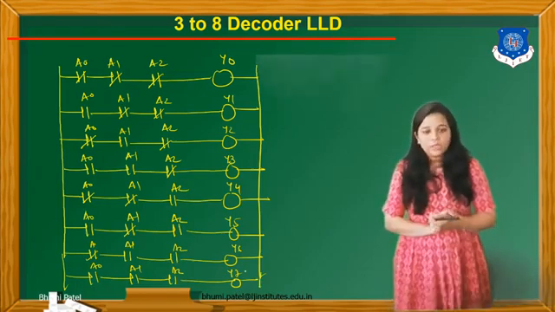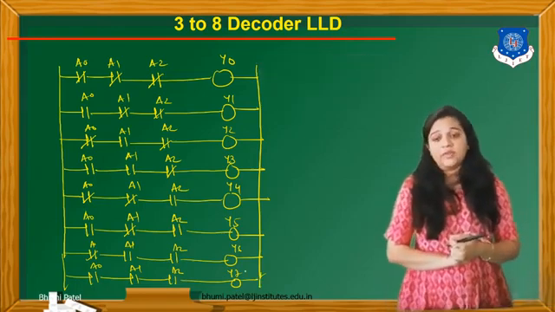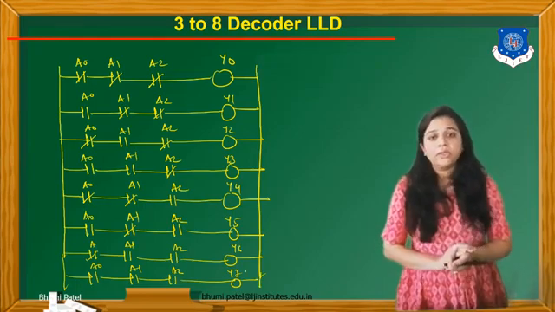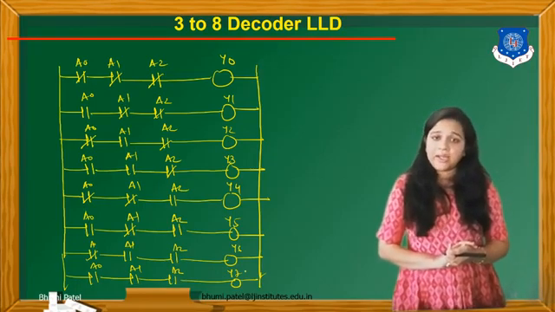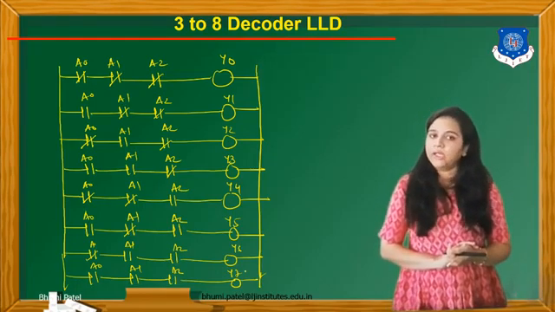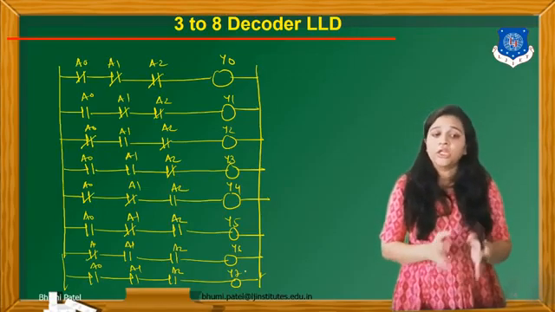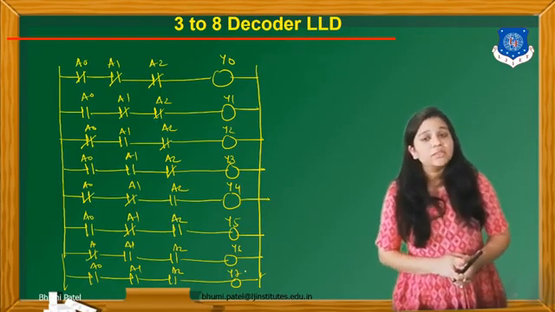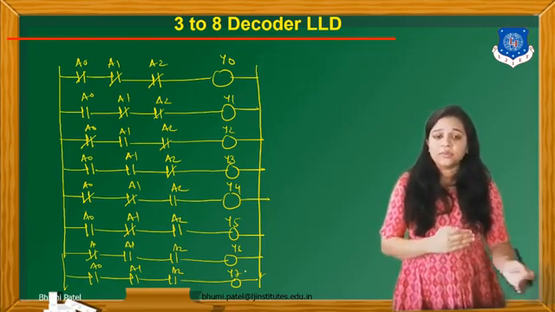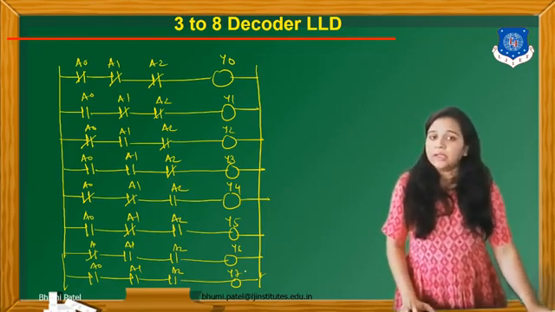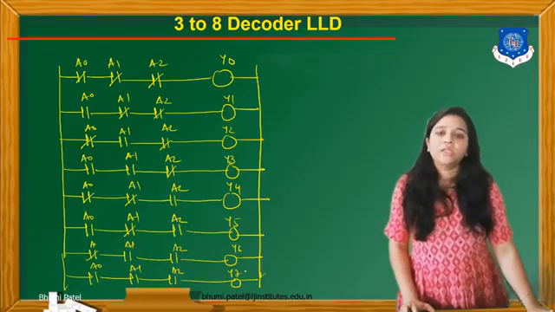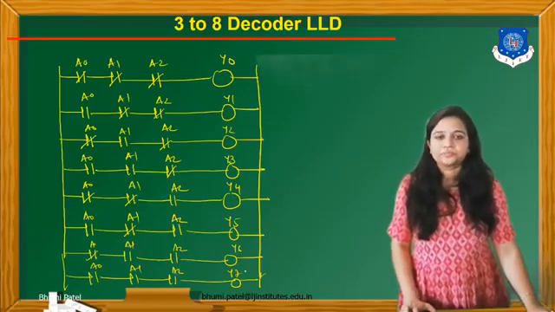So using the Boolean equation, we have easily drawn the ladder logic diagram of the 3 to 8 decoder. 3 to 8 decoders are generally used to decode data, and are generally used in displays, such as calculator displays. Clear? So this is all about the 3 to 8 decoder.